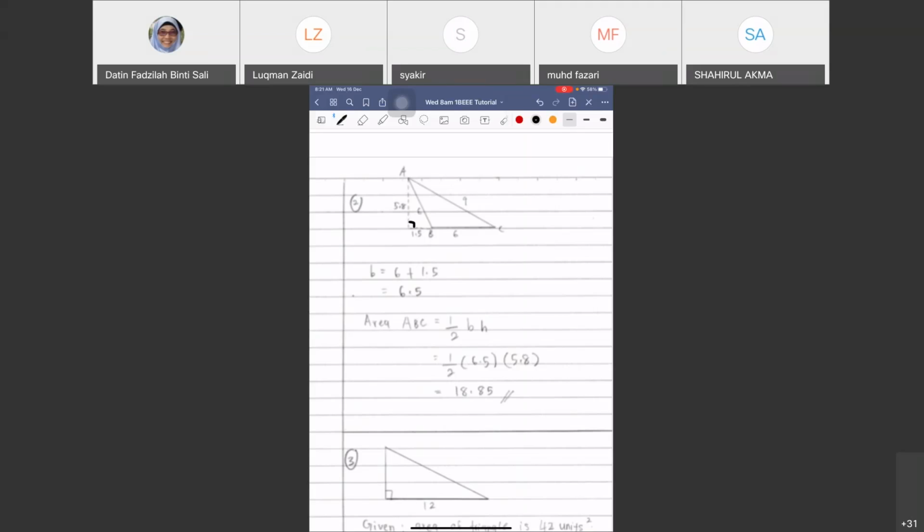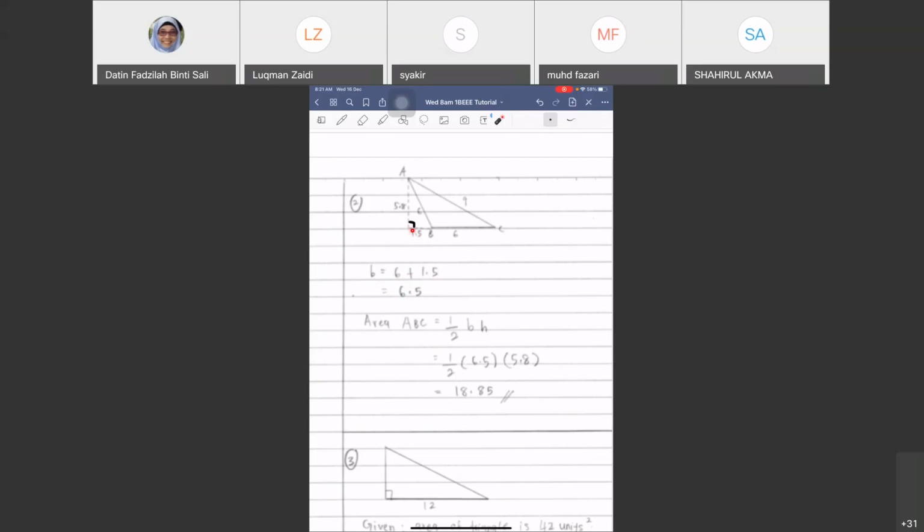Equal to C plus 1.5? Sorry, say again. You mean this one? B equals 6 plus 1.5. So basically, I think your friend actually added wrongly.